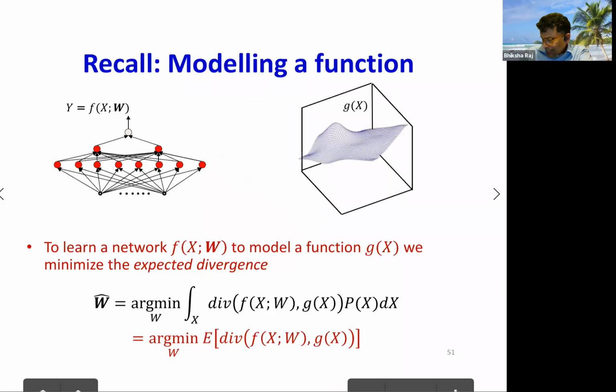Now let's see why all of this happens. I'll try to understand this behavior. Recall that our network is actually trying to model a function. And ideally, the objective that we would minimize when we learn the network is the expected divergence between the function computed by the network and the actual function, except to compute this expected divergence, you need the real function, which we don't have.